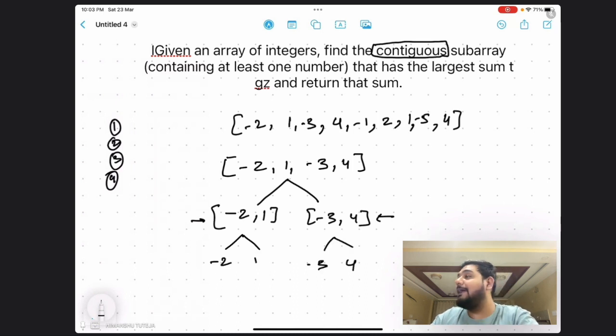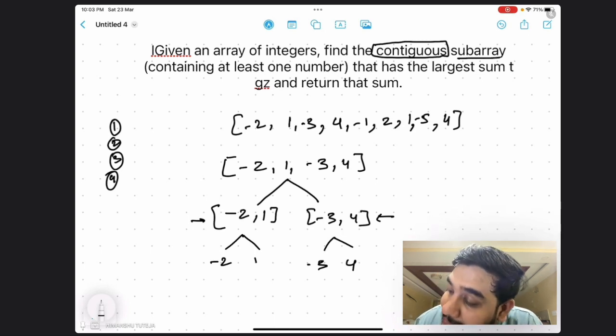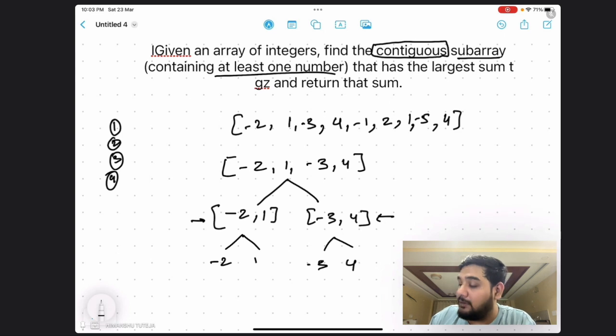Okay, I divided this algorithm into basic minute elements or sub problems, because it says sub array, and a sub array can be at least one element, so the last element can be there. So the sum of this and this is 1, this and this, the maximum sum between these is 4.